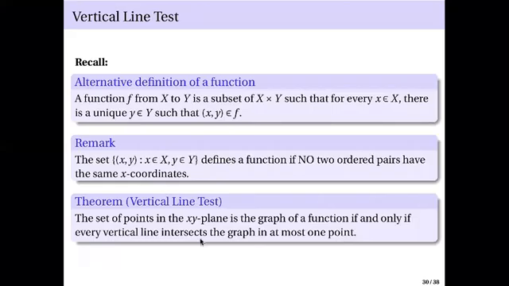So every vertical line intersects the graph in at most one point. So this time, aside from observing the set, we can just try to observe the graph in order to determine whether the set is a function or not, or the equation is a function or not.